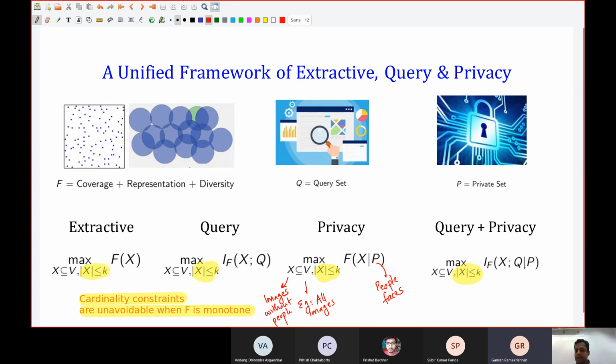So you could have a combination. I can say I want to avoid people images, but I might say that I'm interested in nighttime images. So therefore, I'm looking at summaries which are nighttime images without people.